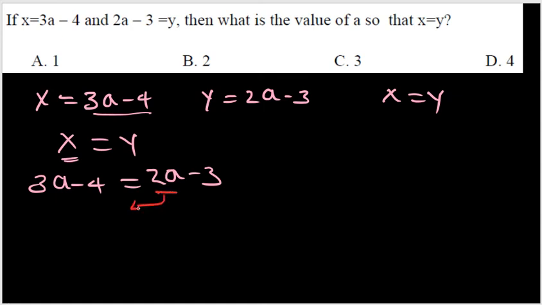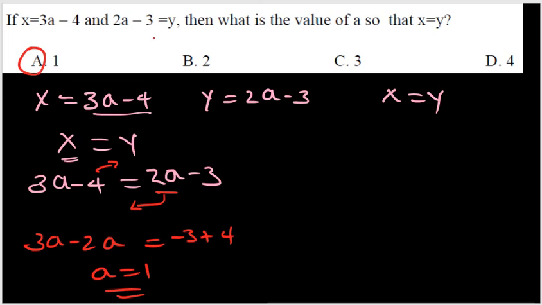Bring 3a to the left side, 3a minus 2a, and the 4 shifted to the right side, negative 3 plus 4. 3a minus 2a is a, and negative 3 plus 4 will be 1. So the answer will be, again, A.